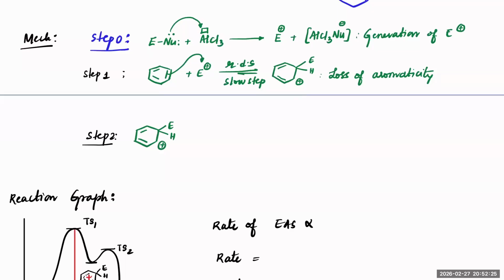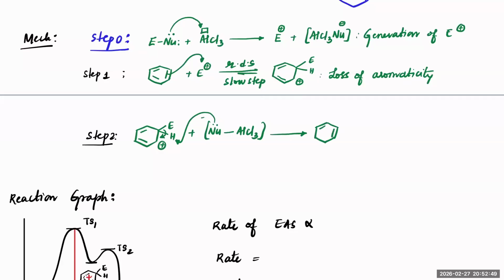And if you notice the second step here, the nucleophile with AlCl3, with the lone pair and negative charge, will extract the proton from here and push the electrons to retain the aromaticity.